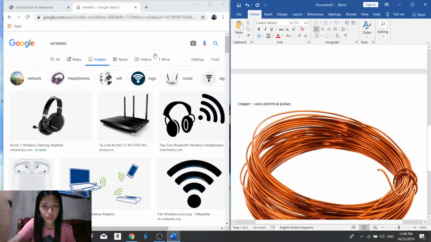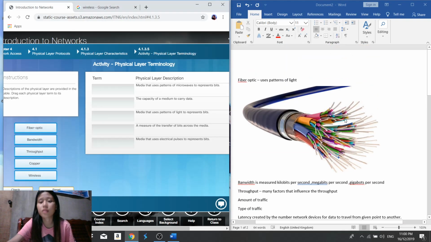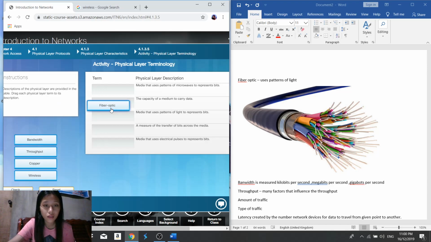So now that I have given some information, this can be used as a guide to answer the activity in the chapter. The fiber optic, as I said, is a pattern of light.